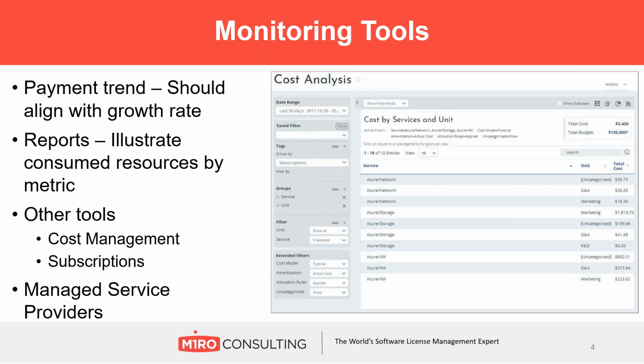Now, there are also ways to control costs proactively by engaging with a managed service provider. Right? Microsoft refers to these as cloud service providers or CSPs. Now, we can't go into the details, but we will say that many CSPs allow for turning off those instances and/or that capacity when it is no longer needed.